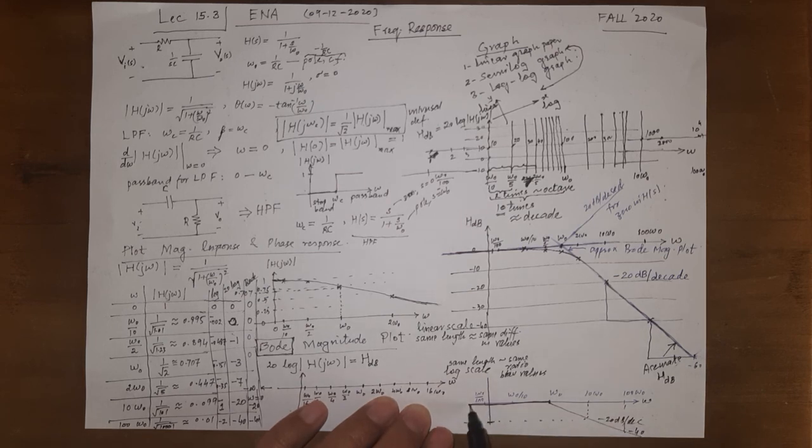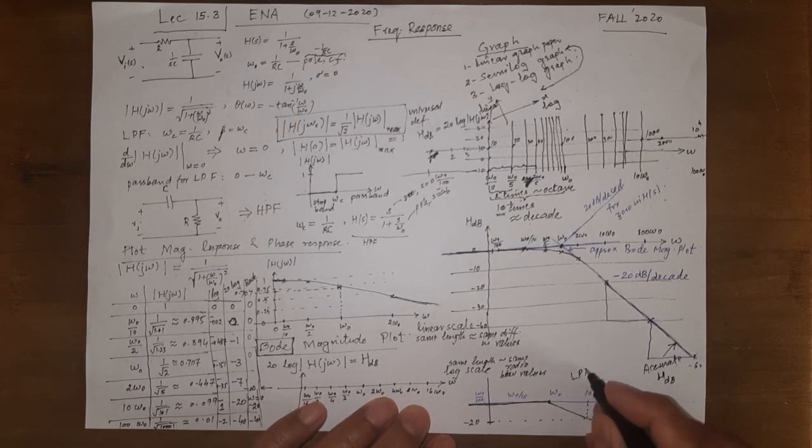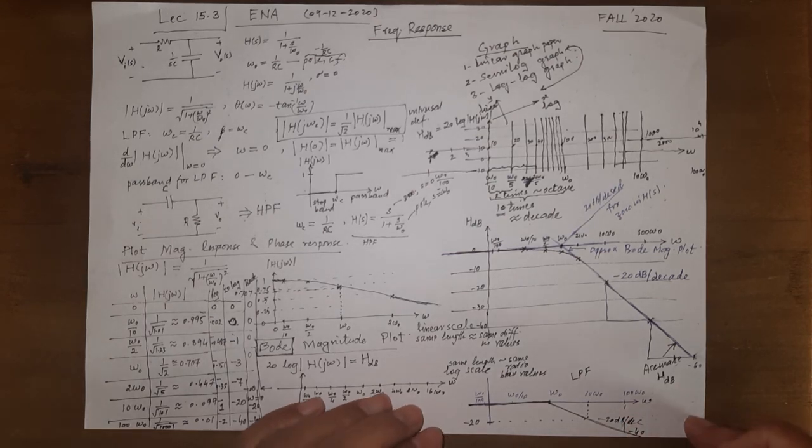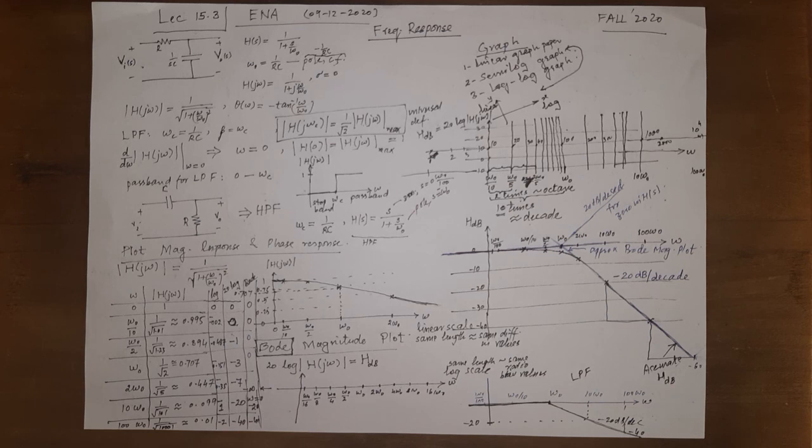By just looking at this approximate graph, we can very easily see that this is a low pass filter, because for lower frequencies the H dB is higher valued, and as the frequency increases it starts decreasing. So it is a low pass filter, which does not allow the higher frequencies to pass.